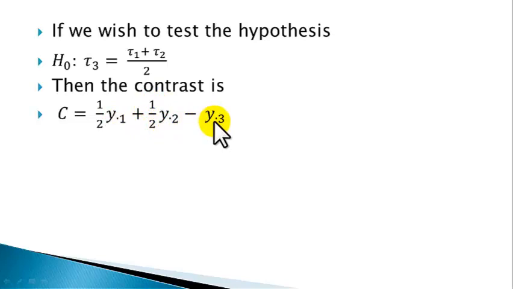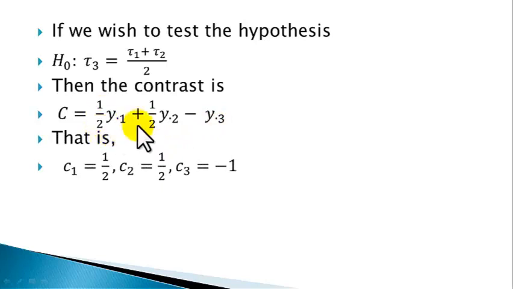And here again, the contrast coefficients are C1 half, C2 half, and C3 minus 1. Clearly, the sum of the contrast coefficients is equal to 0.